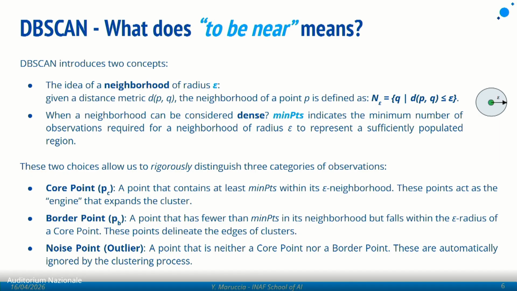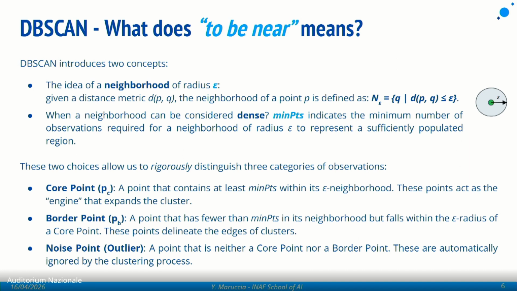In fact, given a distance metric d, the neighborhood of a point P is defined in this way: the set of all the points that are within the radius epsilon. Then, how dense must a group be to be considered a cluster?